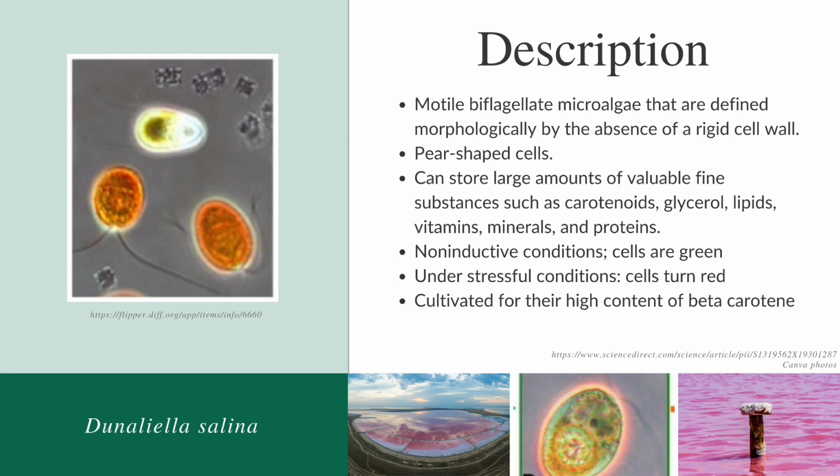One of the interesting features of this microalga is that under non-inductive conditions, they appear green. However, when placed under stressful conditions, they turn red. These species are being cultivated for their high content of beta-carotene.